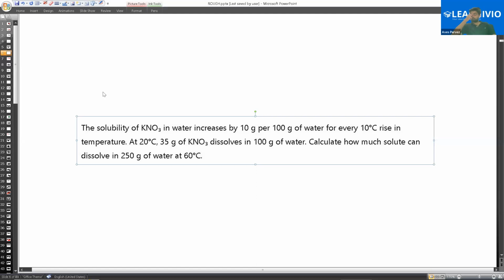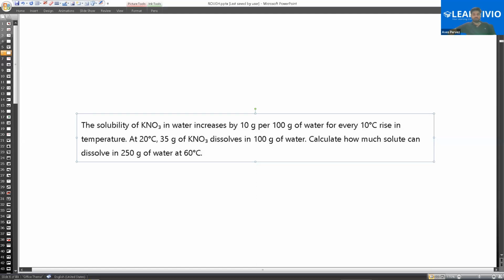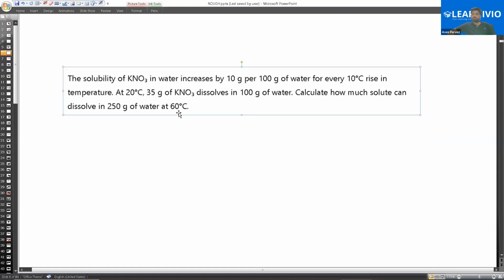Try to solve it. Hanan, read the question. What is it saying in the question? Can you explain to me? Solubility of CaO3 increases by 10 grams in 100 grams of water. So we have to calculate how much solute can be dissolved in 250 grams at 60 degrees Celsius.